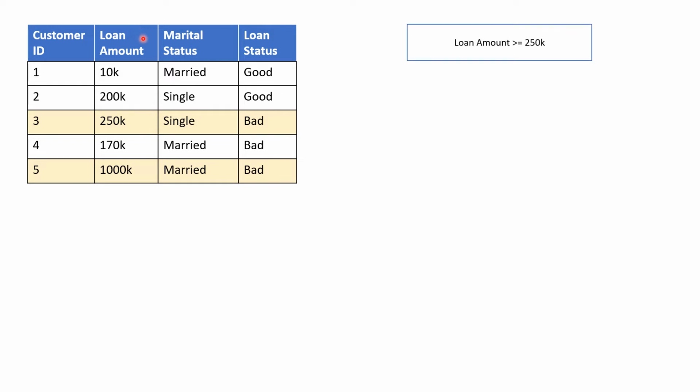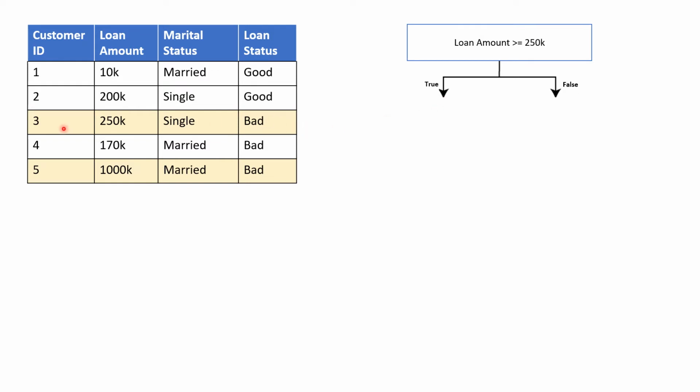Consider we have the condition at our root node as loan amount greater than or equal to 250K. For this condition, we first have to check how many records satisfy it. How many records are true? We have two records.